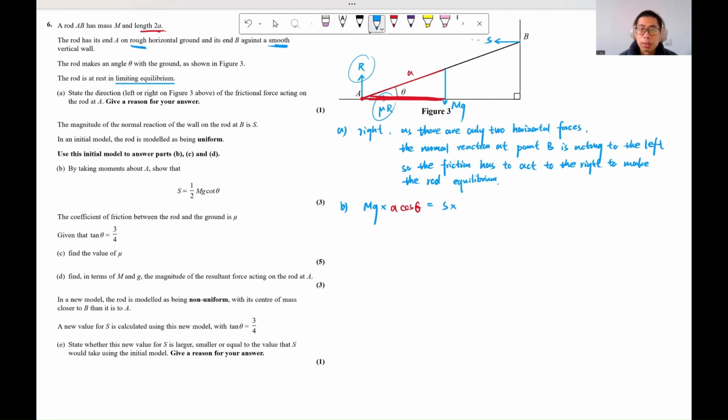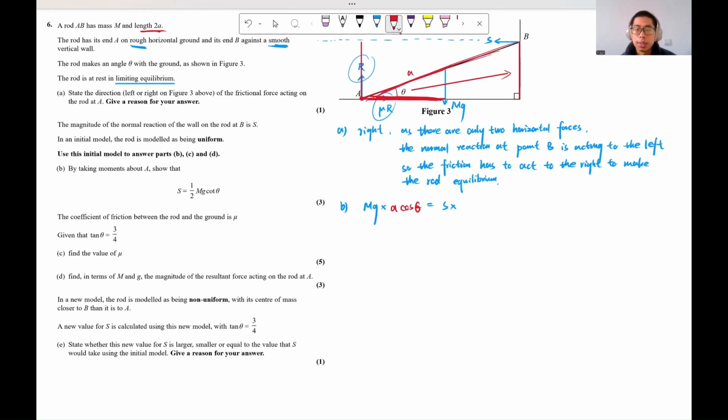For moments, we always use the force times the perpendicular distance from the point we take moments about, using the whole line. So from point A to the line where the force lies is this distance, which should be the same as this one. That's opposite the angle, and the whole length here is 2a.